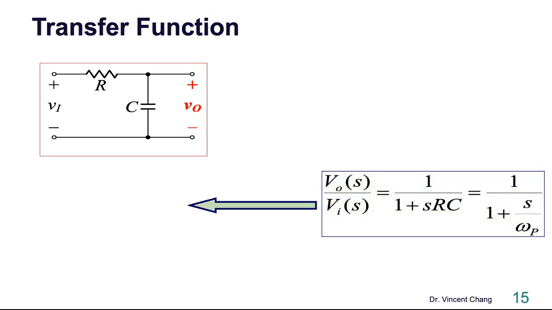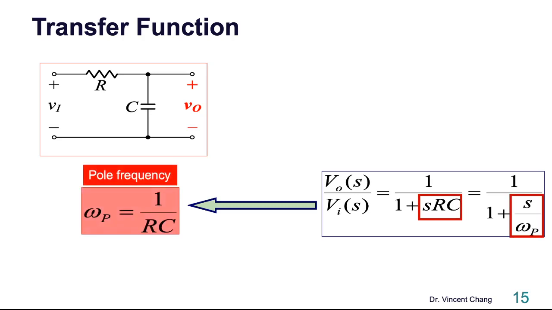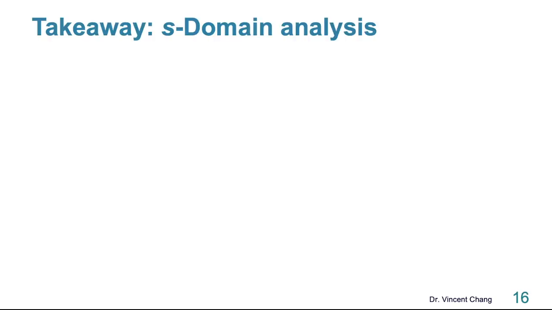So this frequency is called the pole frequency. The pole frequency is 1 over RC. So this is the single pole transfer function: a single time constant circuit, a single pole transfer function.